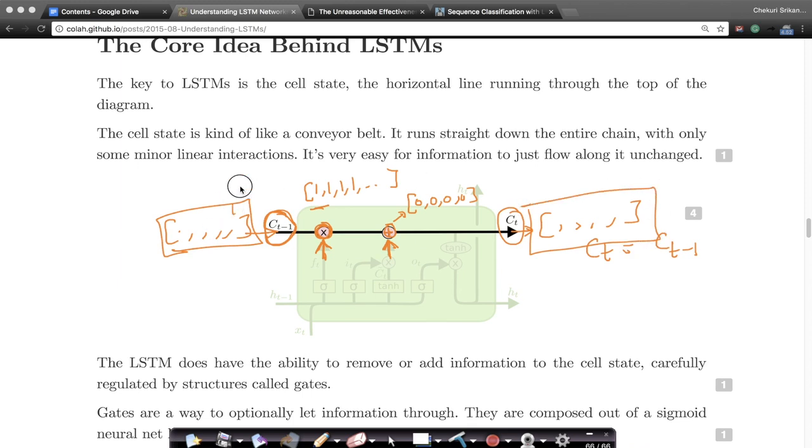This becomes like an identity, if and only if the input you get from here, which is called FT, is all ones and the other input is all zeros. Then there is an identity mapping.